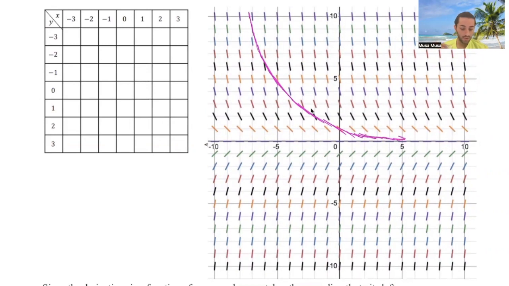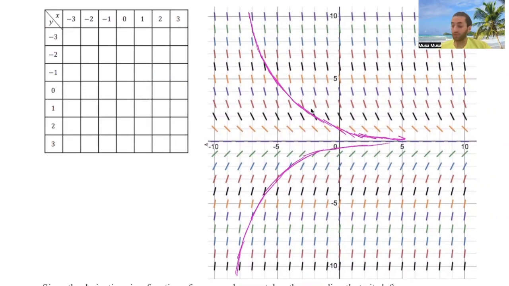That could be one. It could also look like this. Maybe that kind of atrociously matches the steepness. There you go, something like that. Let's see if I'm right.